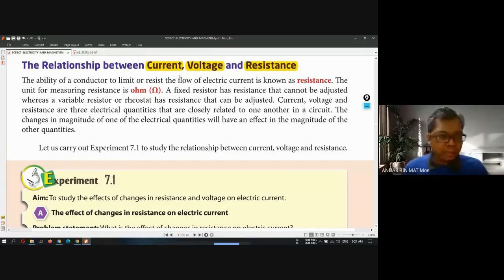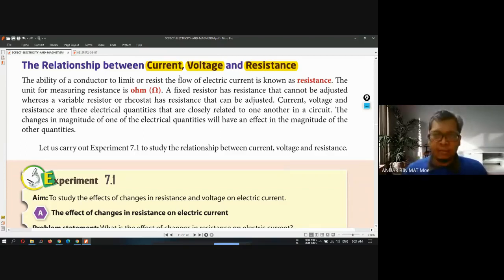Every device that uses electricity has a resistance: computer, television, radio, your handphone, printer. So today we try to learn the relationship between these three units: current, voltage, and resistance.